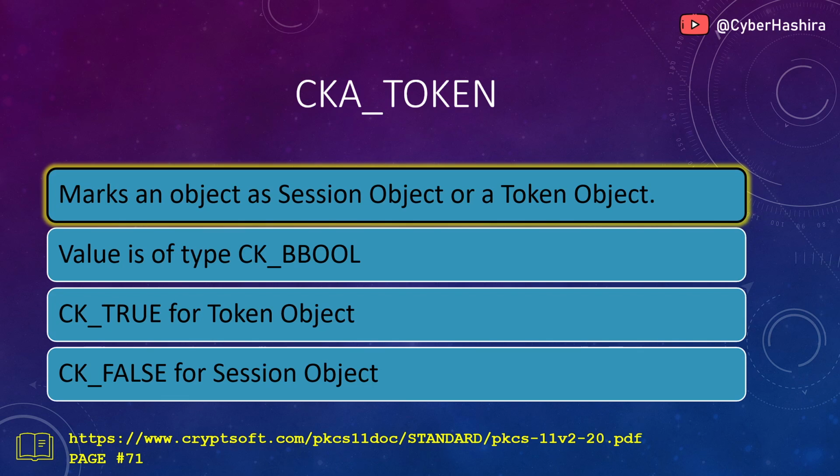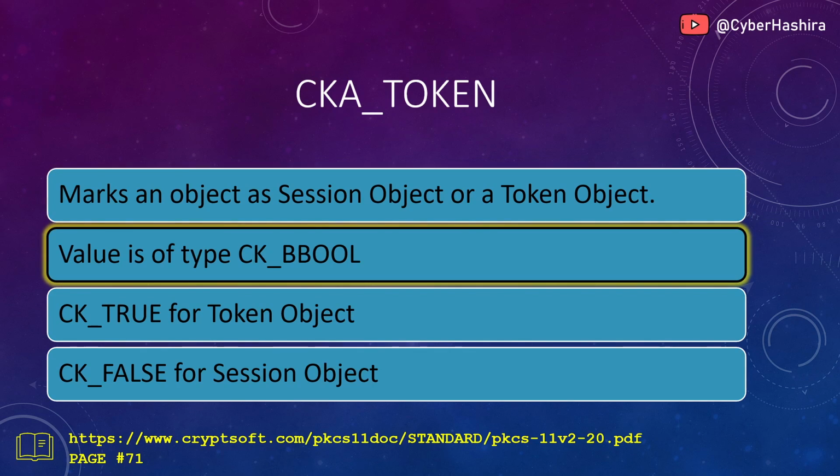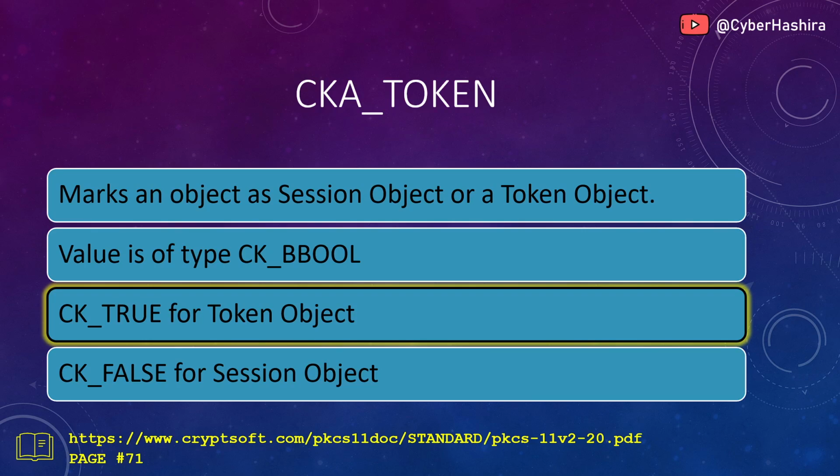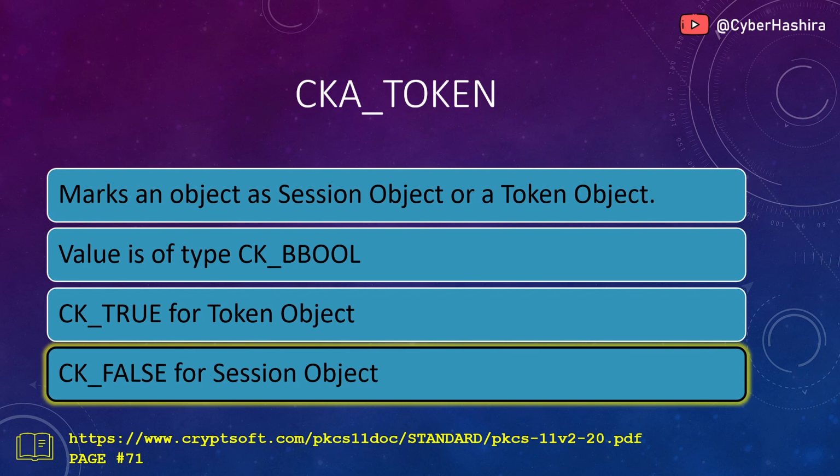Token objects persist, whereas session objects are short-lived. CKA token only accepts a value of type CK_BBOOL, or boolean. If the value of CKA token is CK true, then it means it's a token object. And if that value is CK false, then it's a session object.